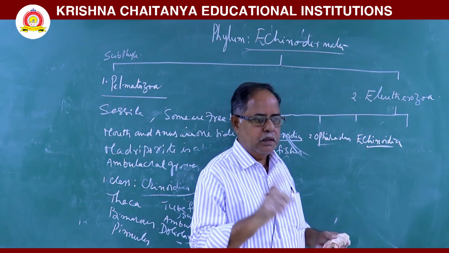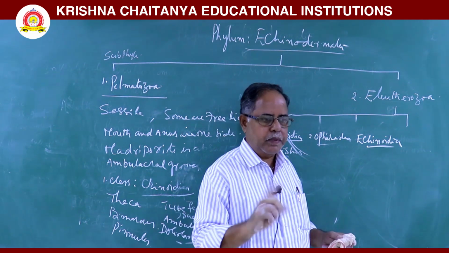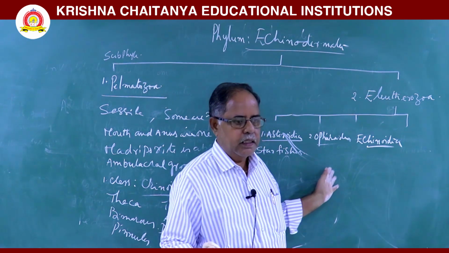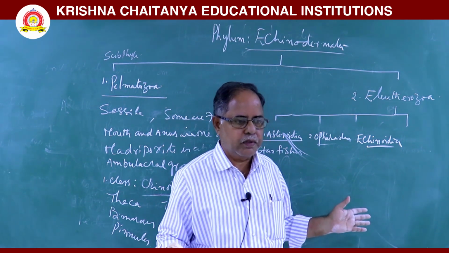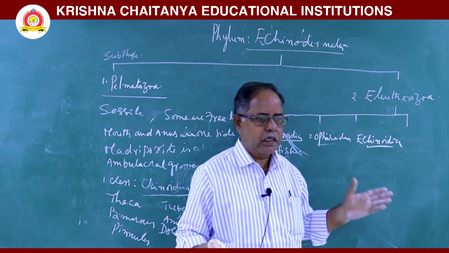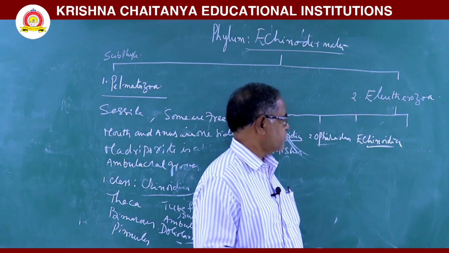In the mouth, a movable five-jaw apparatus is there, called Aristotle's lantern. It is used for mastication. During developmental stages, one larva is seen, called the echinopluteus larva.